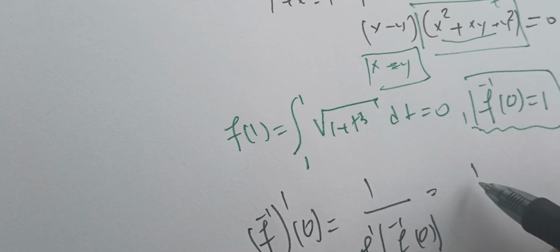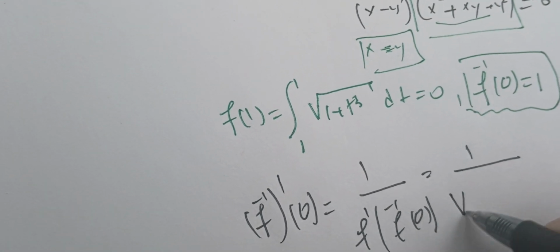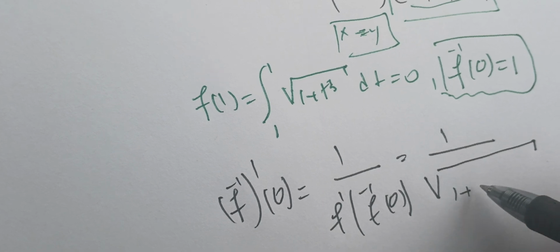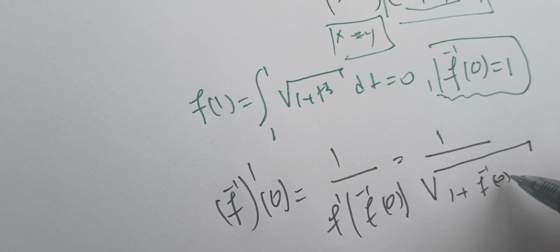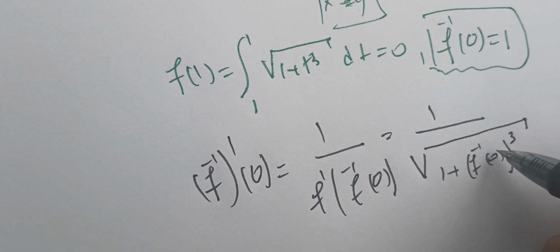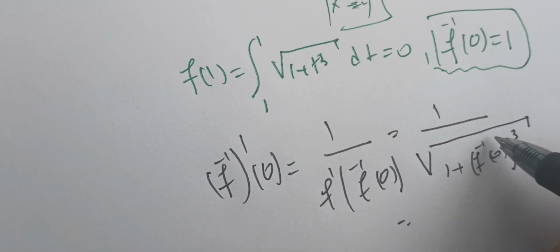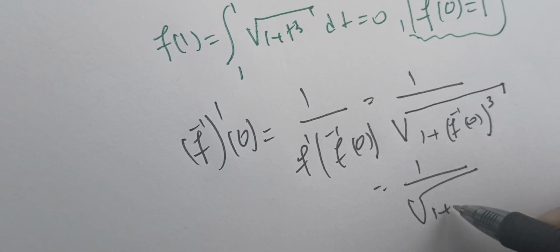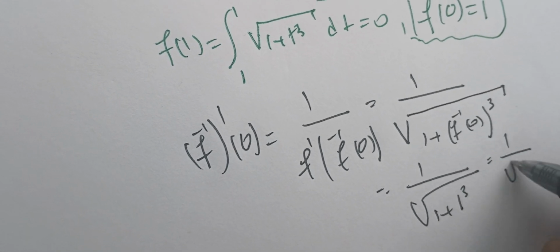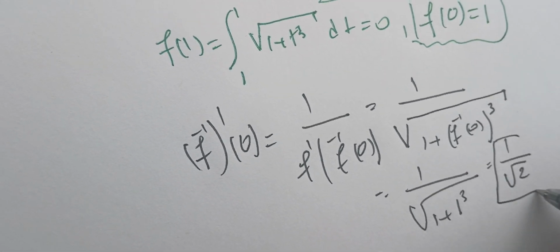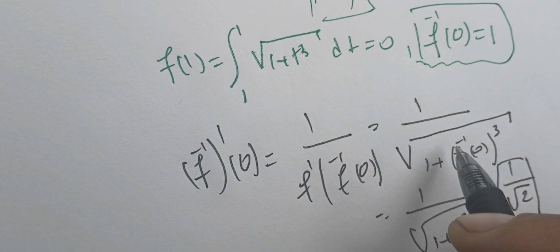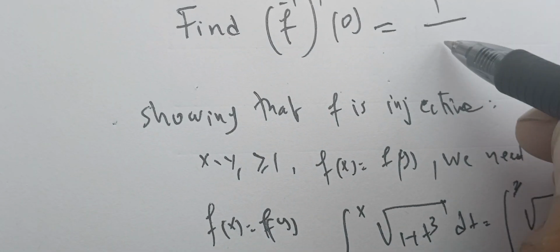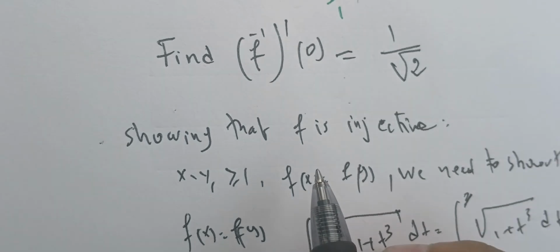So it's going to be 1 over the square root of 1 plus f inverse of 0 cubed. But this is just 1, so we have 1 over the square root of 1 plus 1 cubed, which is 1 over the square root of 2. So this is the answer to this question.